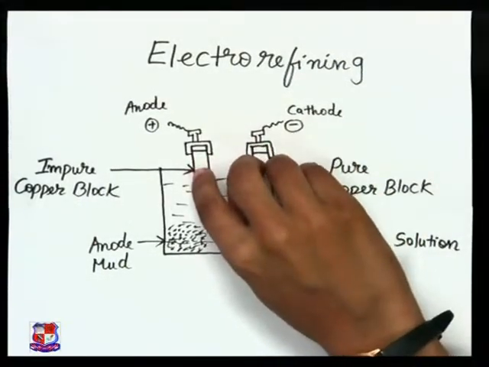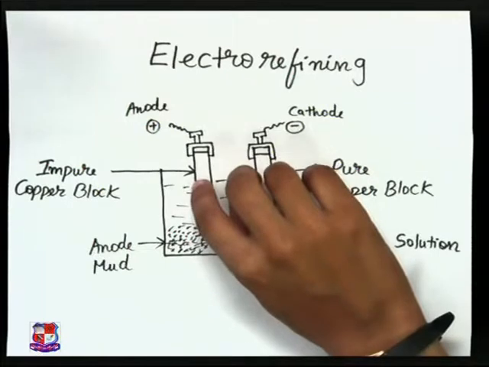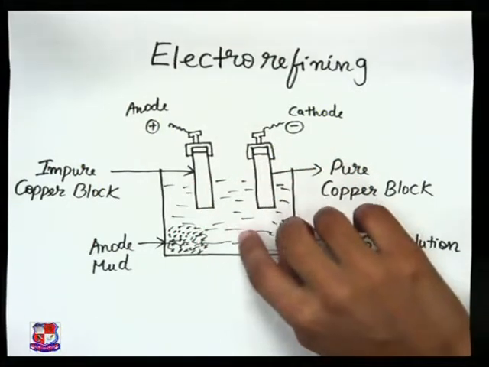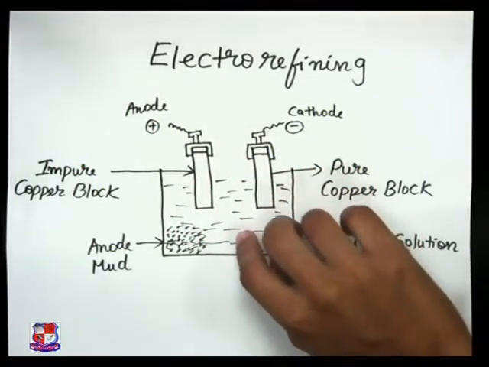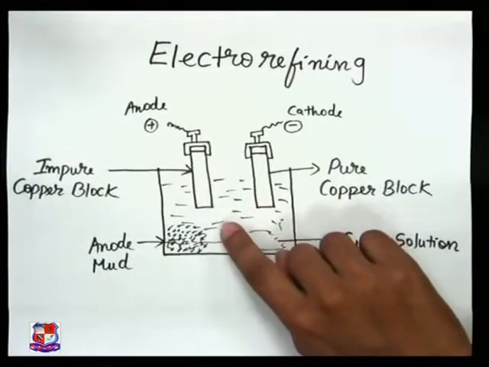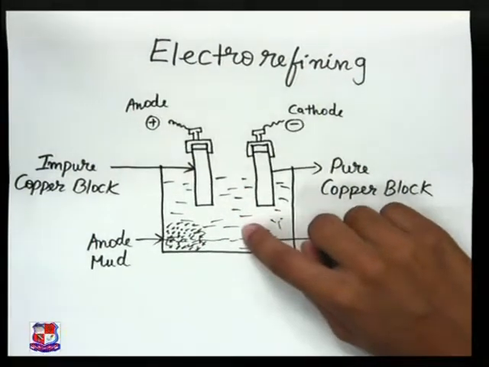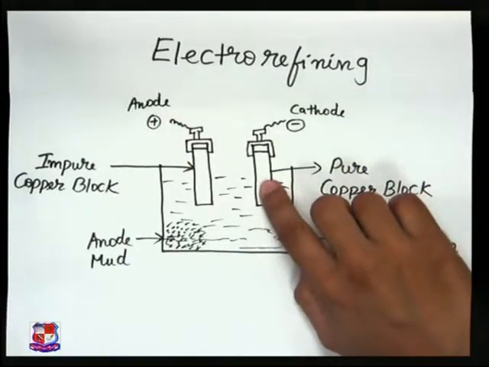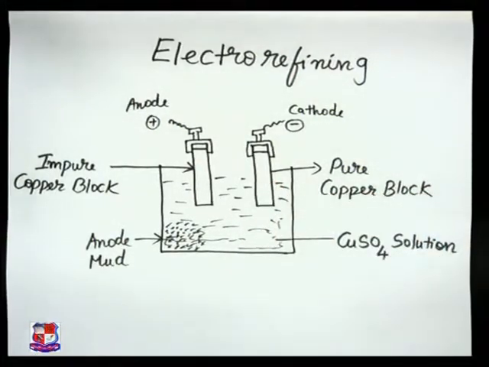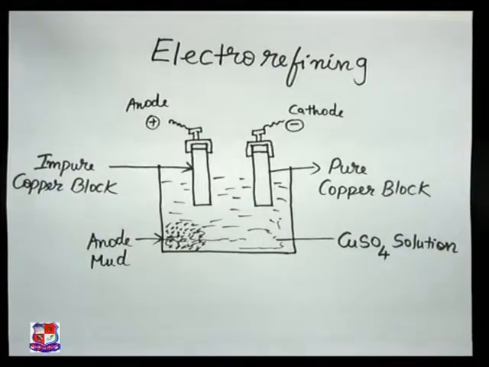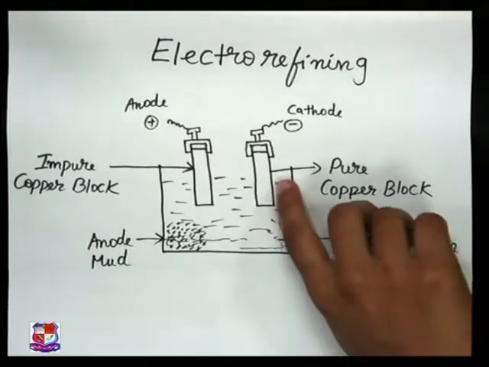The impure copper here gets oxidized and passes to this solution of copper sulfate, and from this copper sulfate it travels to the cathode. So finally the pure form of the metal is going to get accumulated at our cathode.